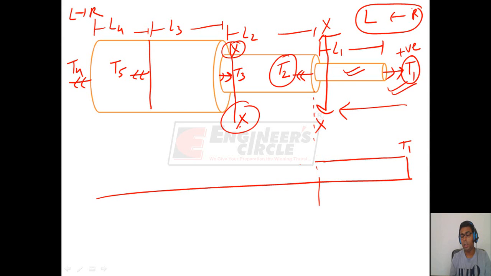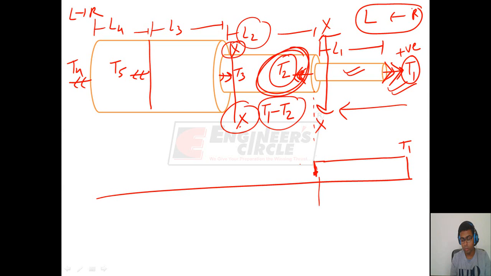Since T1 is acting in the counterclockwise direction, we take T1 as positive, and T2 is acting in the clockwise direction, therefore we take this as negative. Therefore we write T1 minus T2. So we draw T1 minus T2 as the internal torque in the portion L2 of the shaft. Up till here the torque value is T1 minus T2.